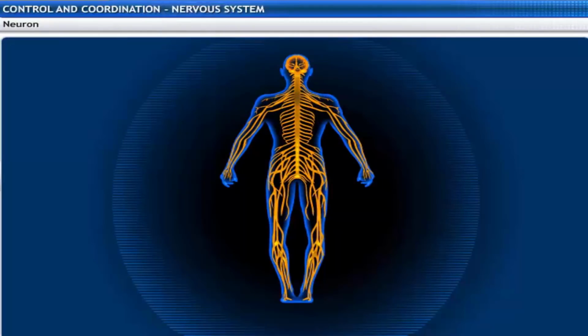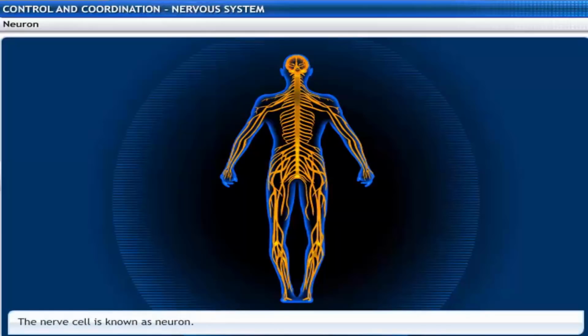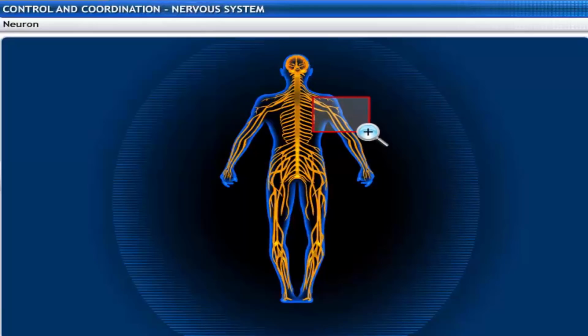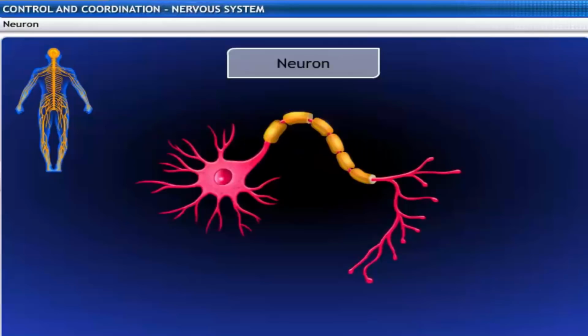Let's look into the fundamental unit of the nervous system, the nerve cell, which is known as a neuron. Let's understand in detail the structure of a neuron.